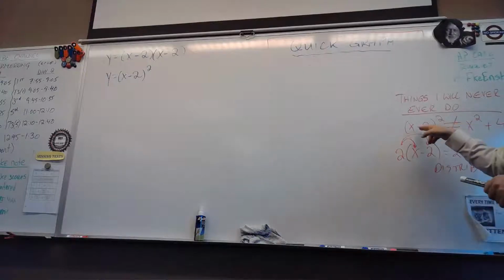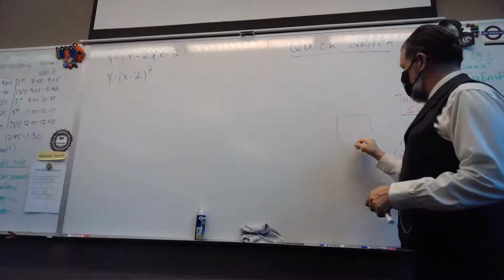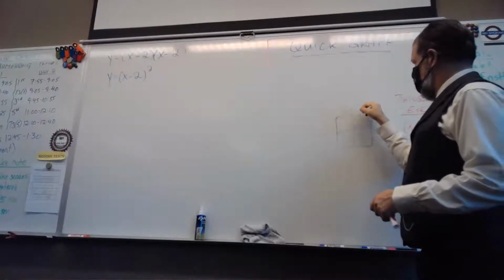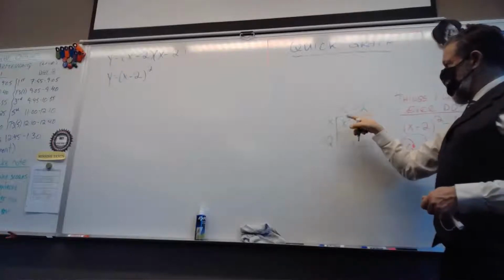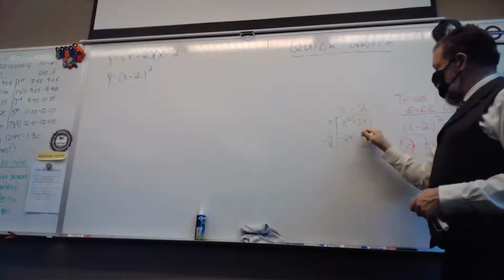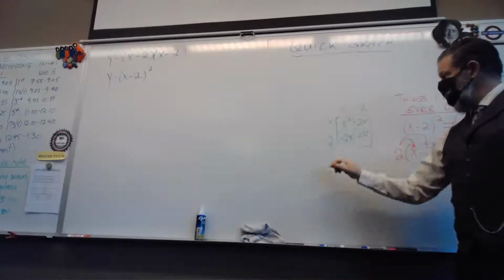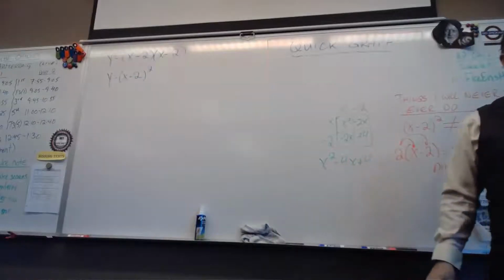How do we multiply (x minus 2) squared? Well, (x minus 2) squared is (x minus 2) times (x minus 2). X times x, negative 2 times x, negative 2 times x, negative 2 times negative 2: x squared minus 4x plus 4. Huge difference, isn't it?